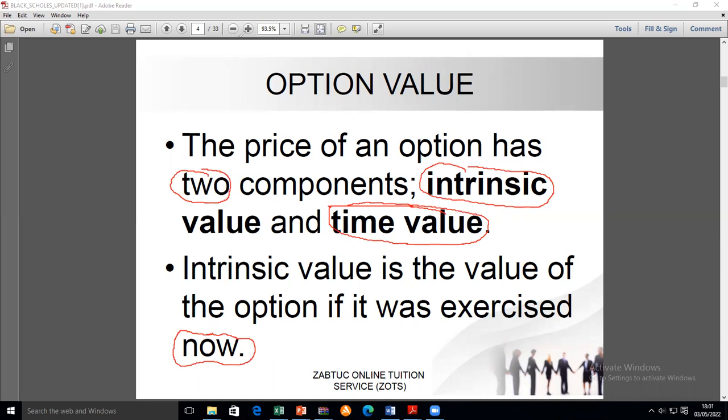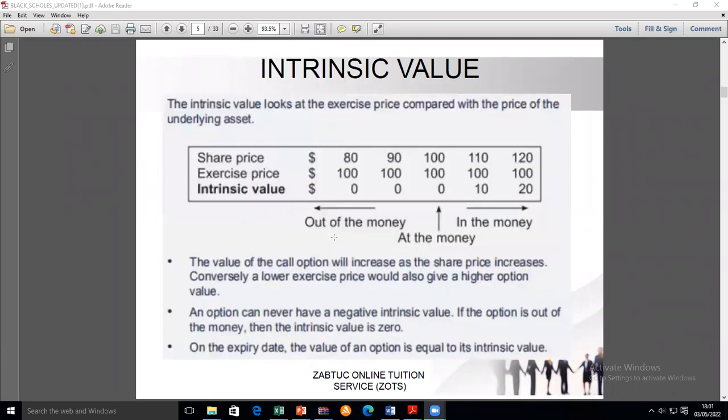The best option to learn from is a share option. So we're going to use a share option to demonstrate these variables. Let's use the share option to understand what the intrinsic value is.